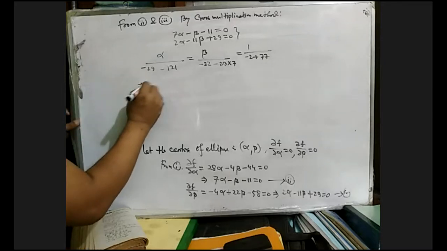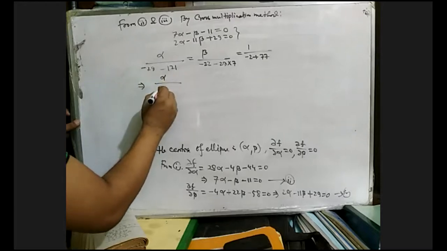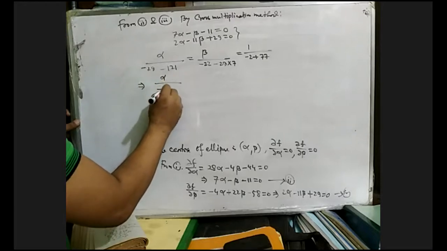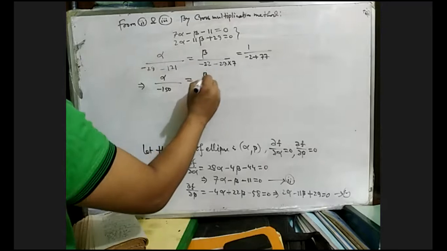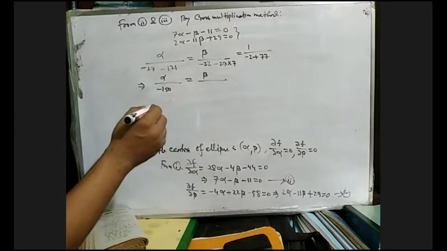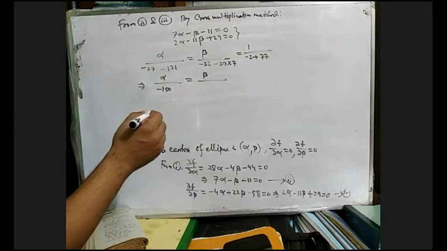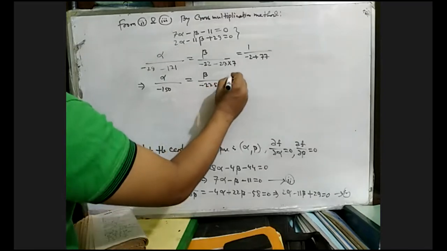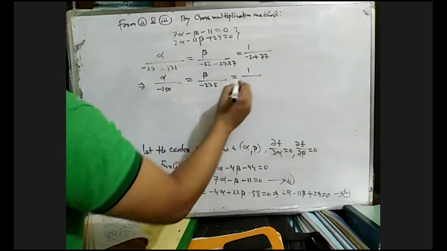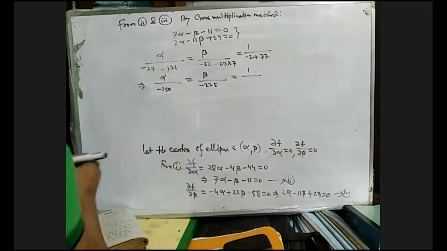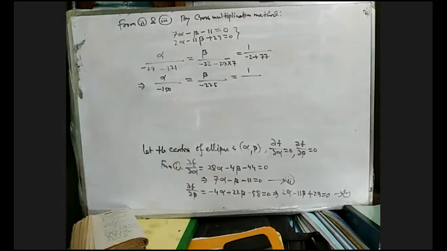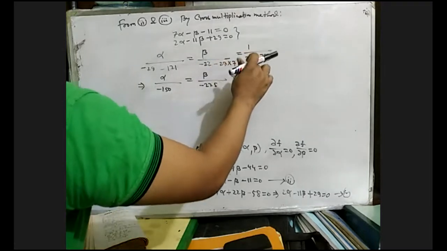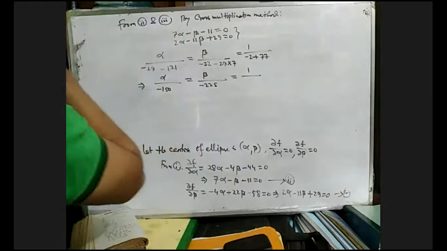From this, alpha divided by we get minus 150, beta divided by minus 225, 1 divided by minus 75. Is it right?